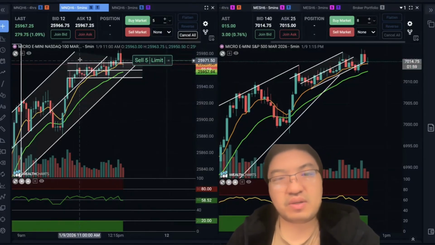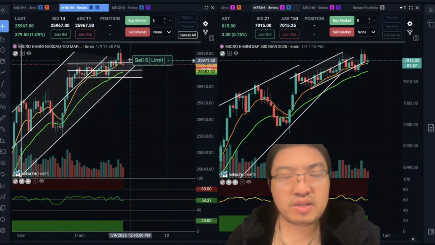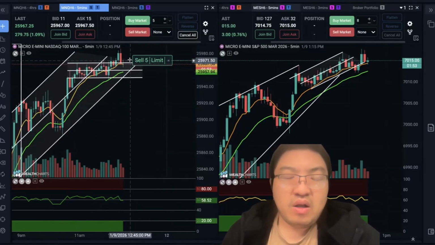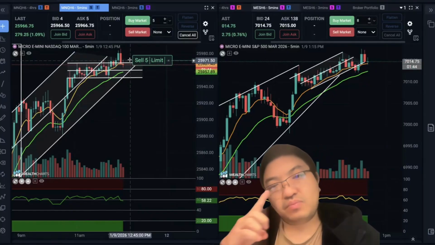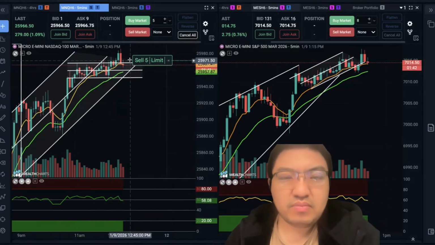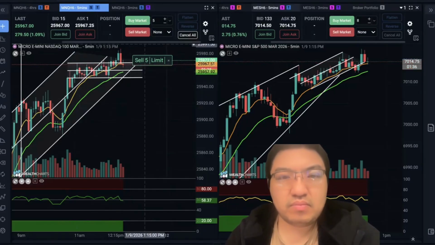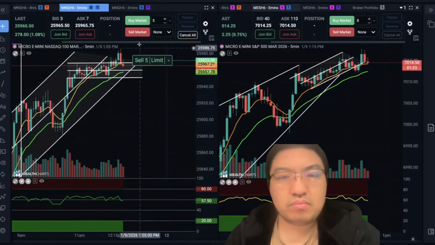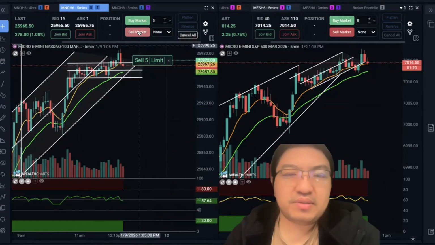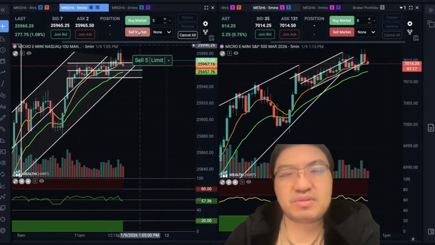Wait for one more candle, then it's going to go sideways around here and retest here again. Wait until the completion of this candle. We'll see.